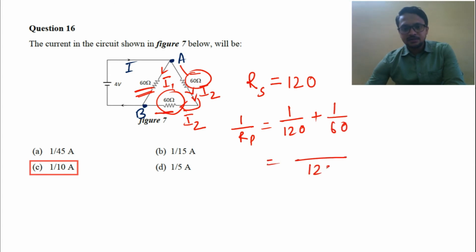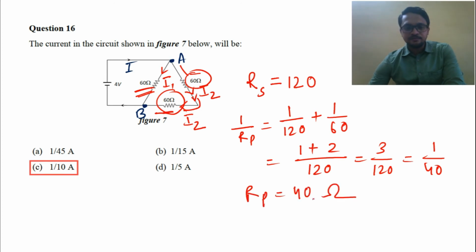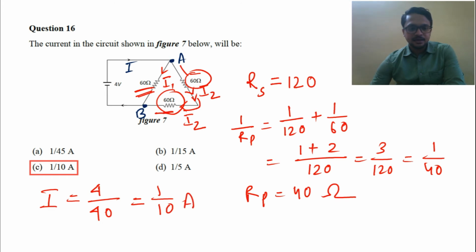So 120 is the LCM, so 1 plus 2, that means 3 by 120, that means 1 by 40. So Rp will be 40 ohm. Now what about the main current? I equal to EMF 4 by resistance 40, that means 1 by 10 ampere. So our correct option is C.